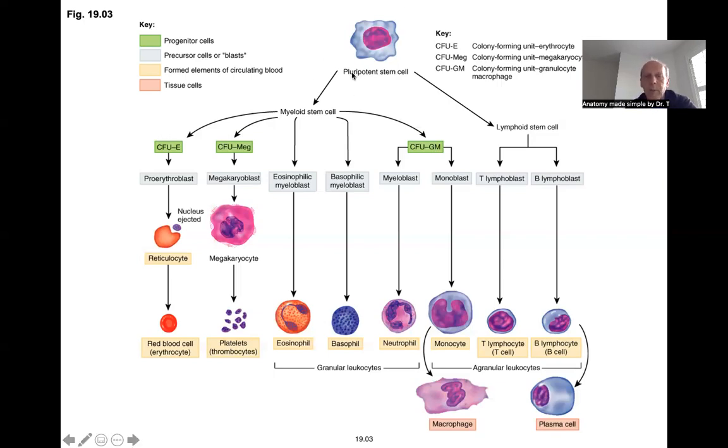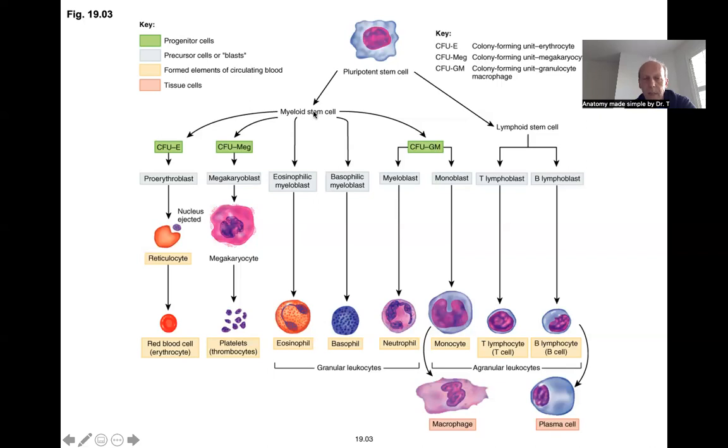So if we follow the path of pluripotent stem cell and its further changes leading to appearance of myeloid stem cell, we see here that it produces red blood cells, as well as platelets, as well as eosinophilic, basophilic, and neutrophilic cells, including monoblasts.